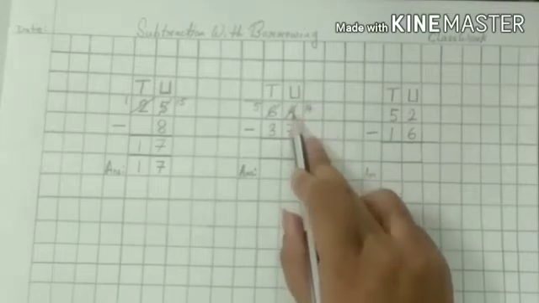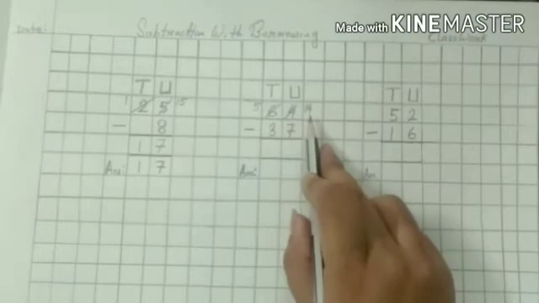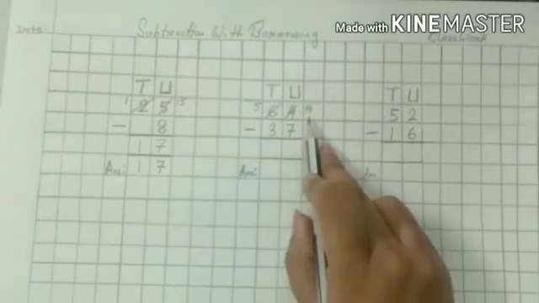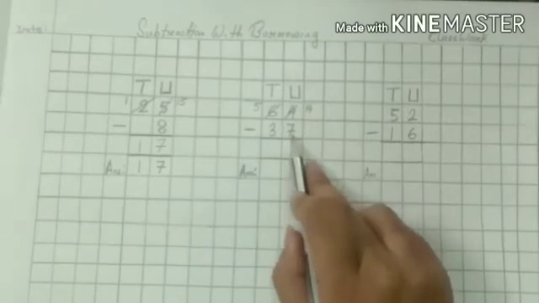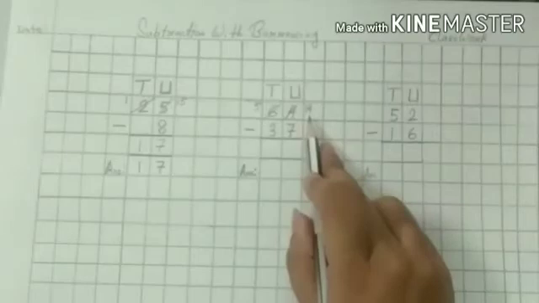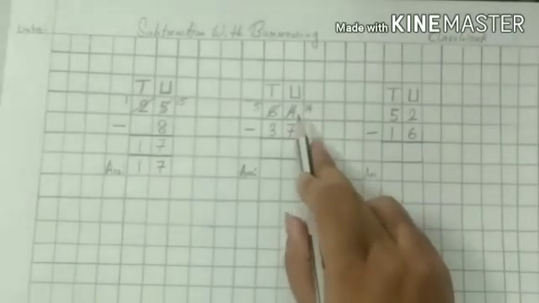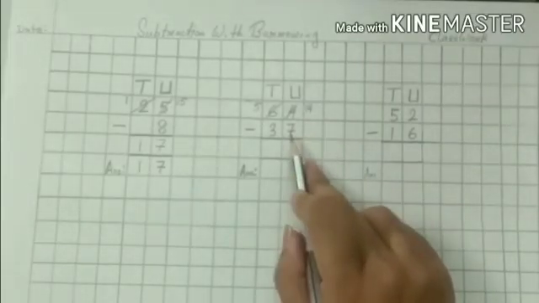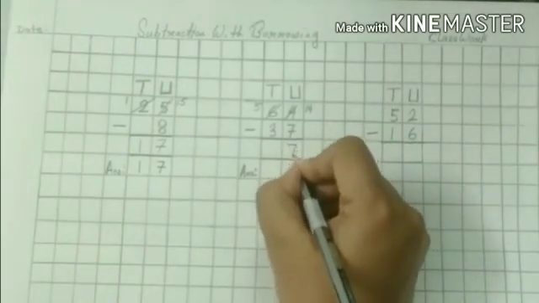So 4 units plus 1 ten is 14. Alright. So now we can minus 7 from 14. Right. So 14 minus 7 is 7, children.